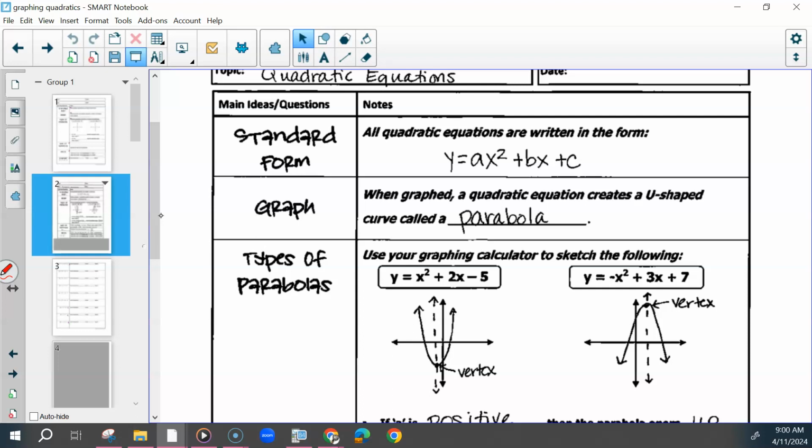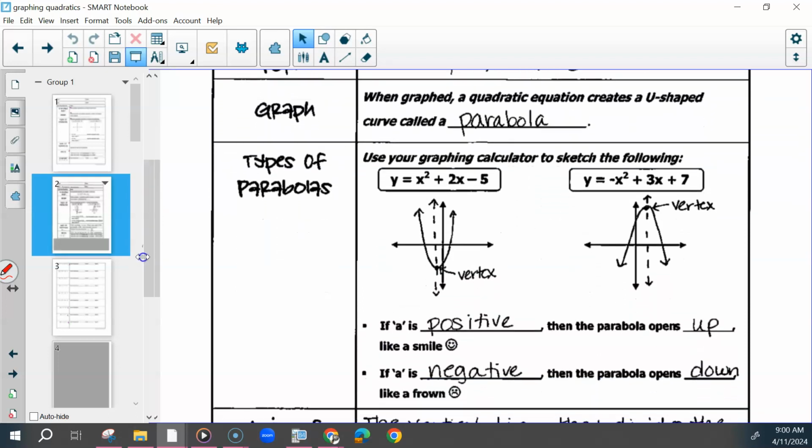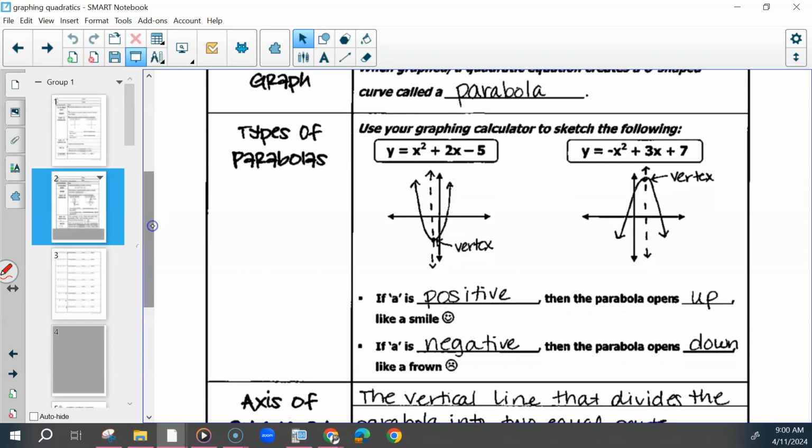To the best of your ability, I want you to draw in these rough sketches. And we're going to talk about some new vocab. So when we graph a parabola or a quadratic, if the a value, the number in front of x squared, is positive, your parabola is going to face up.